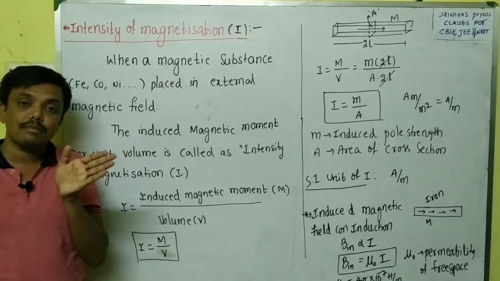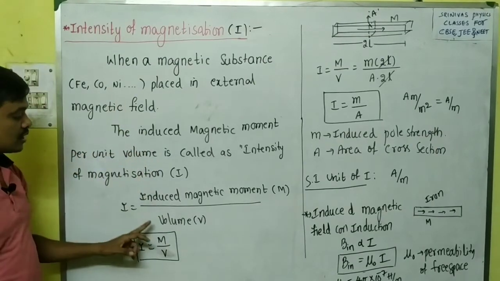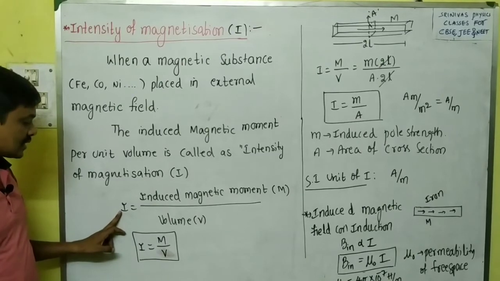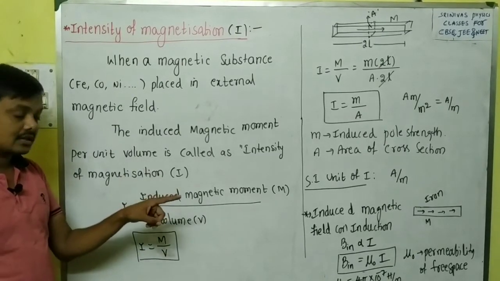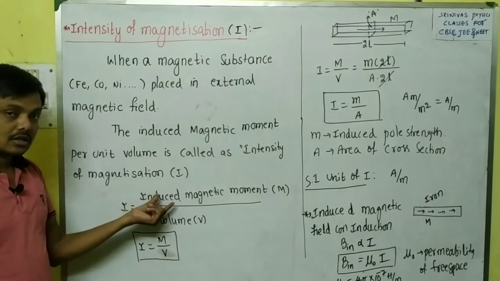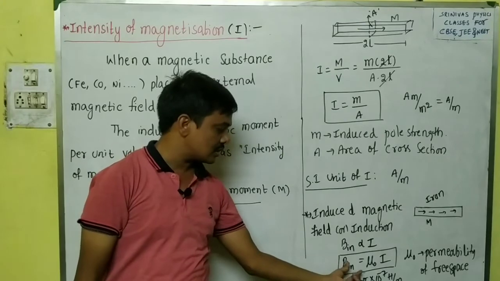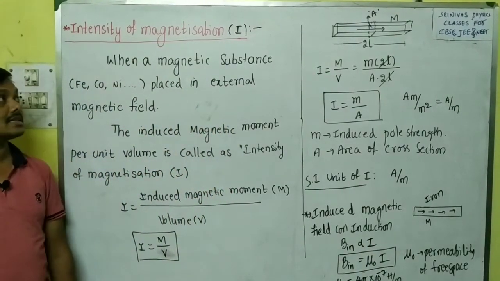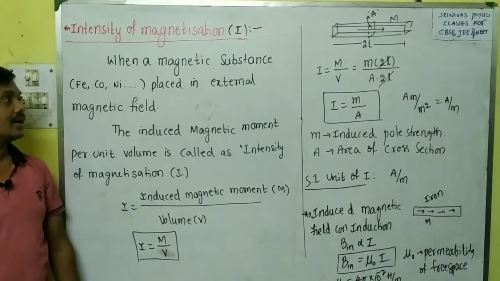At that moment some magnetic moment is induced, and the induced magnetic moment per unit volume is called the intensity of magnetization. Since it is converted into a magnet, some magnetic field is also induced. That induced magnetic field depends upon the intensity of magnetization. Simply, we can also call it magnetization.